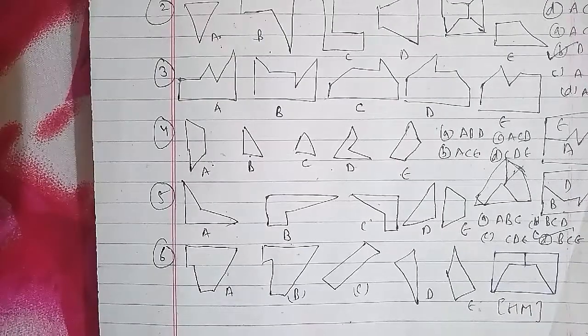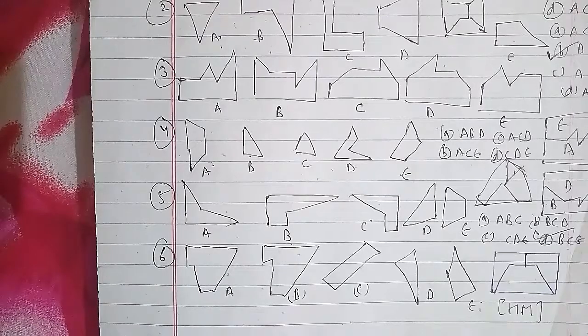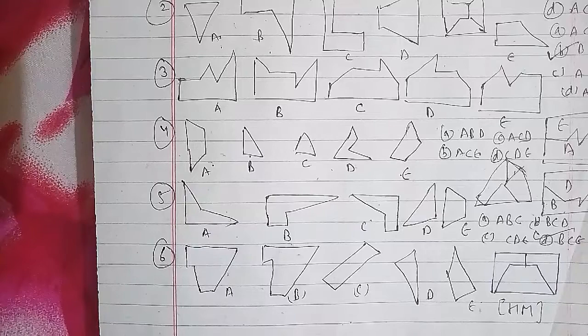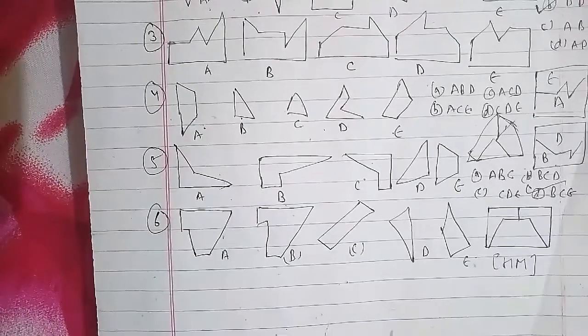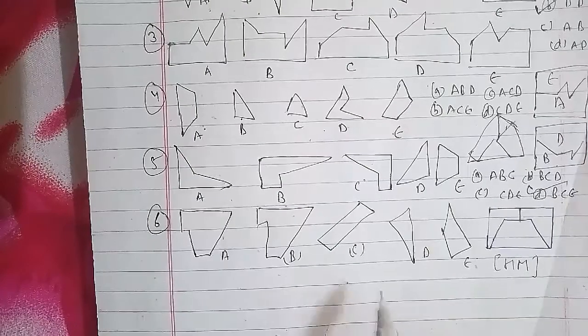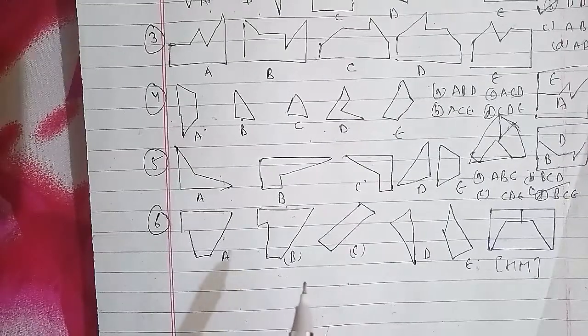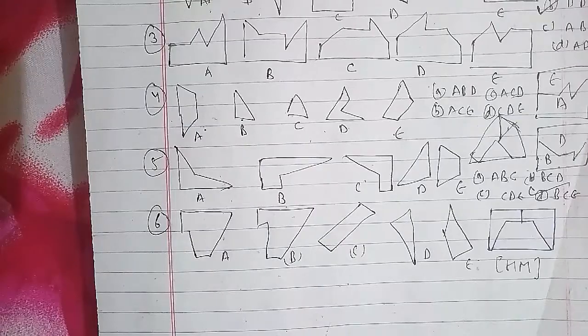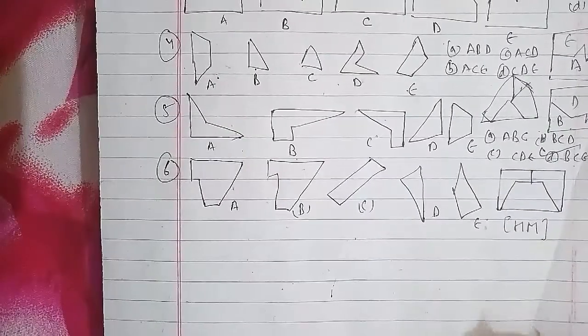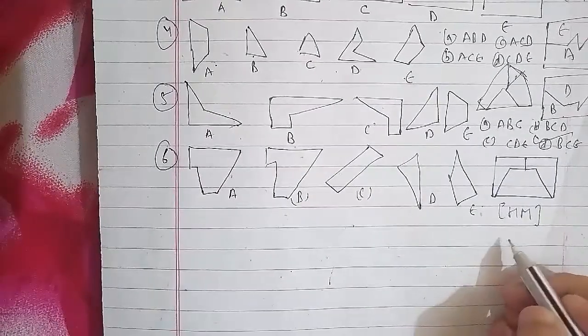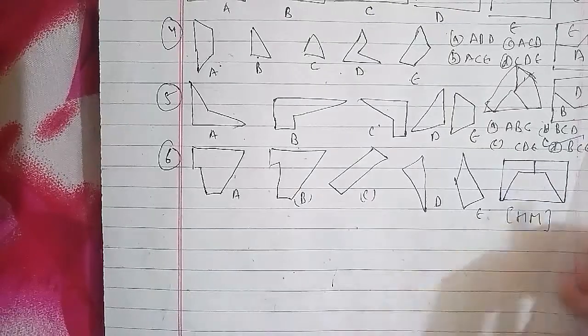So in the same cases, we have to answer it here. For this, we have your options as I told you: ADE, BCD, ACD, DCE, and we have to find it out. I will just write down the options. Option A is ACE, option B is BCD, option C is CDE, and option D is ADE.